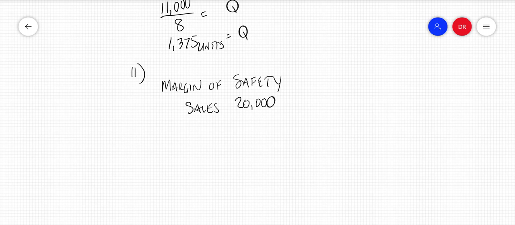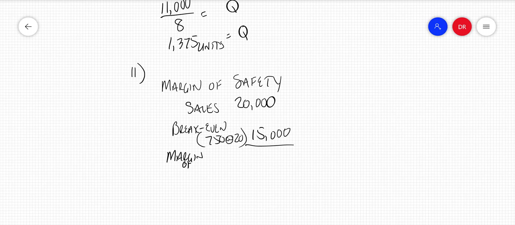The break-even point was 750 units at $20, so that's going to be $15,000. So the margin of safety here is $5,000, okay?